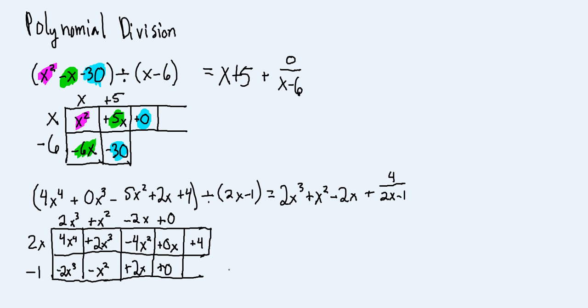It's like having a mixed number when you're dealing with fractions. Same idea. So here are my examples for polynomial division. If you need more examples, please feel free to drop into my classroom and we will do some more together. But hopefully this will give you a little bit of structure so that you can try it on your own with maybe some practice on Khan Academy or on the worksheets on the platform.